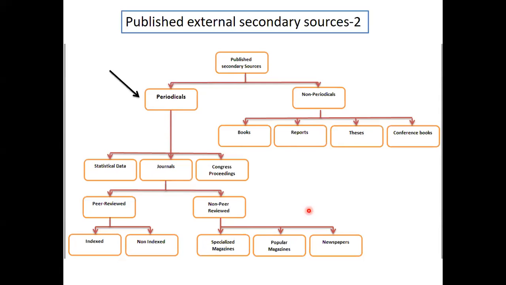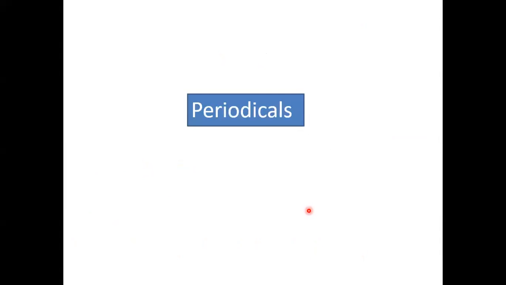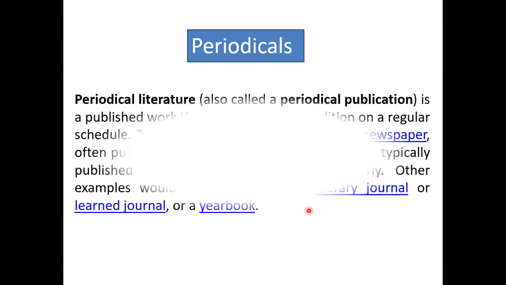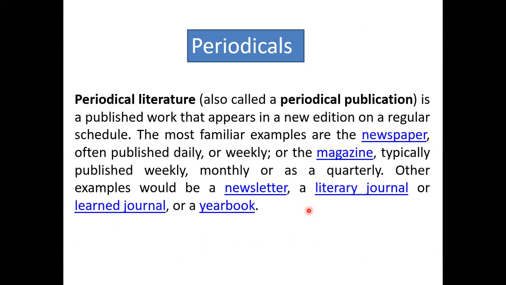Published secondary sources: you have periodicals. Periodical literatures are called periodical publications. These appear in new editions or on a regular schedule. Okay. Now, a periodical is a publication that appears regularly.